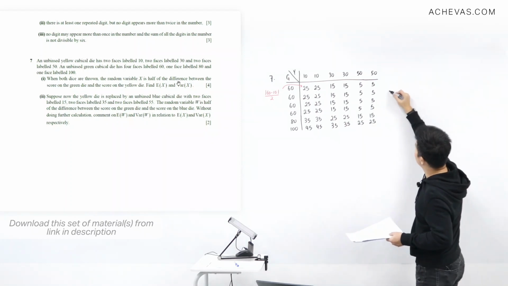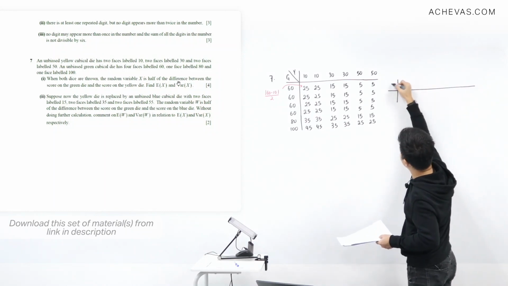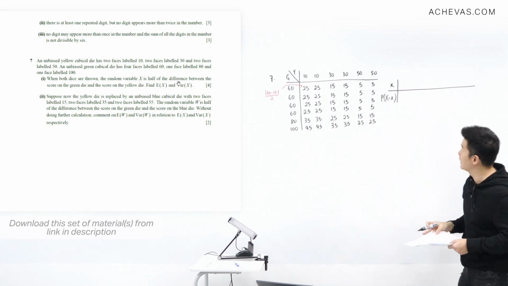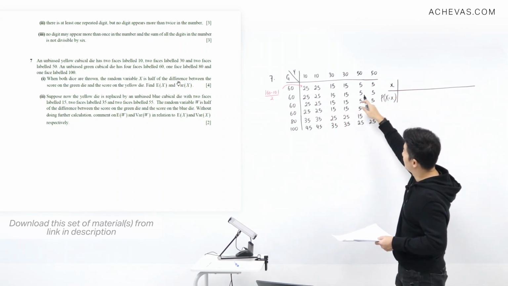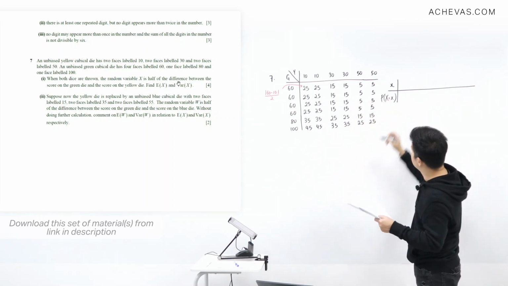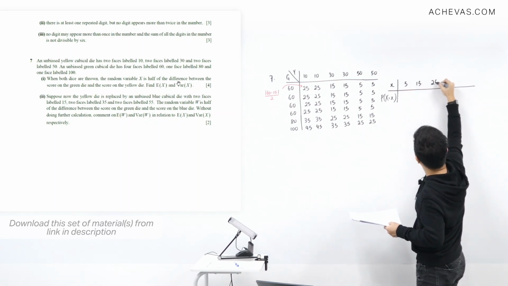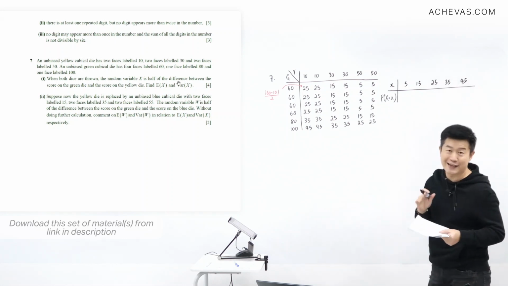And now let us try to write down the probability distribution for x, where this here will be the probability when x is equal to x. So all the possible x's that we can see will be like 5, 15, 25, 35, and 45. Let me write it down. And now let's count.